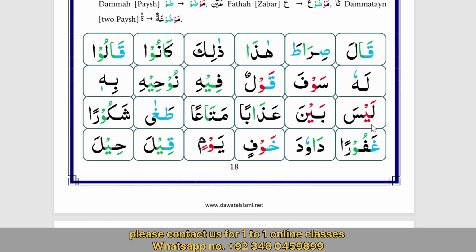Lam, ya, zabar lay, sin, zabar sa, laysa. Sin will be pronounced with whistle like high pitched sound, and here you can see if zabar comes before ya sakina, then ya will be converted into ya leen, and you don't need to stretch, not jerk.